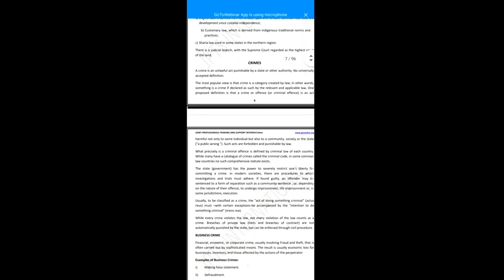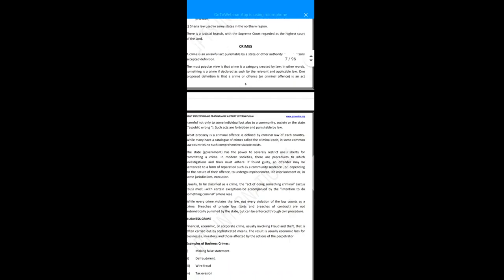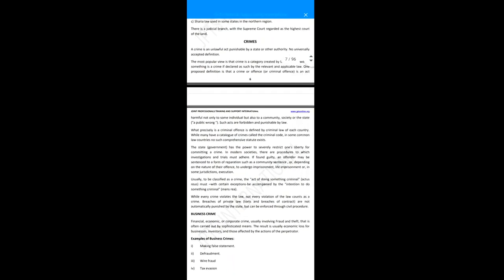Now, the state government has the power to severely restrict one's liberty for committing a crime. In modern society, there are procedures to which investigations and trials must adhere. If found guilty, an offender may be sentenced to a form of reparation, such as a community sentence, or, depending on the nature of their offense, to undergo imprisonment, life imprisonment, or in some cases, execution.